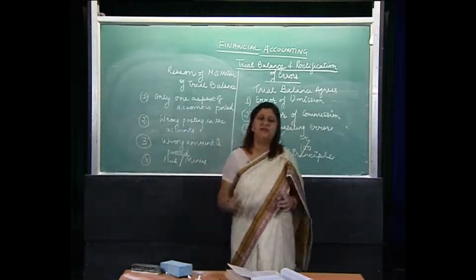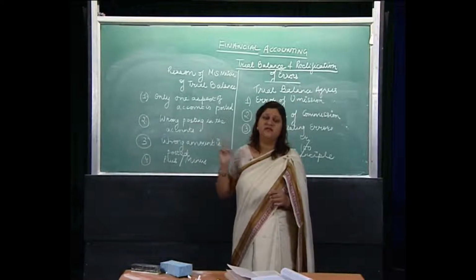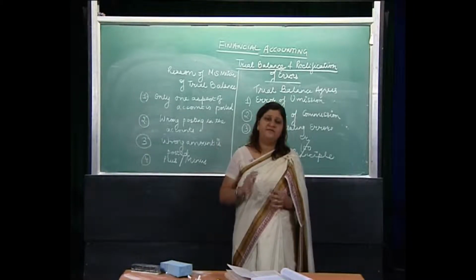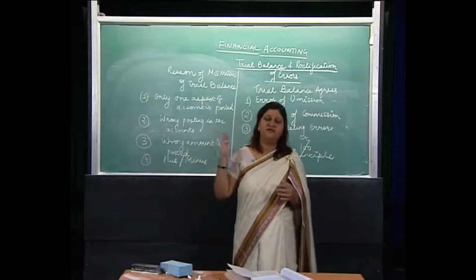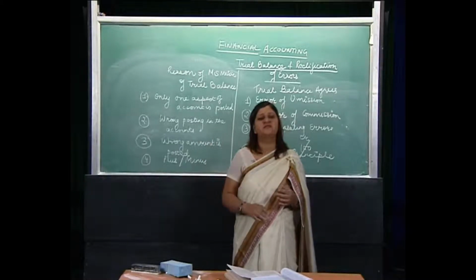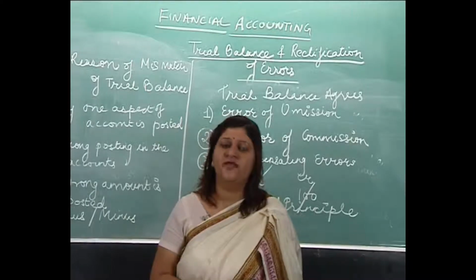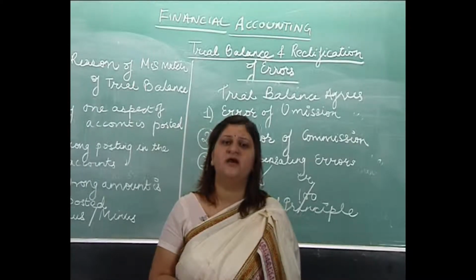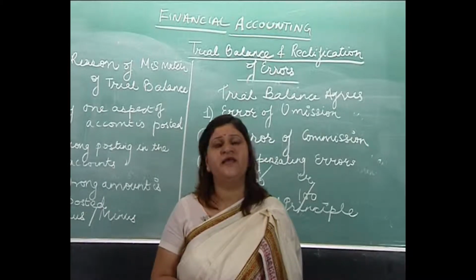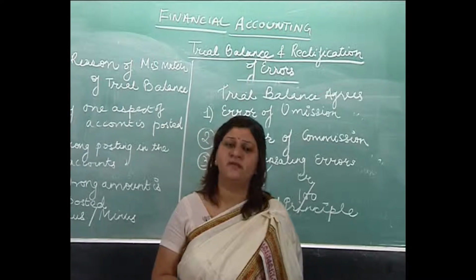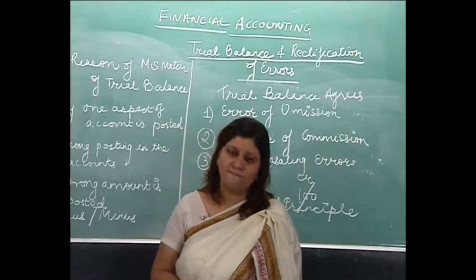And when the trial balance does not match and the errors can be located, they can be rectified with the account called suspense account, and the effect of these postings would be taken up in the suspense account and finally it will be closed. So wherever our trial balance is not matching, an account called suspense account would be opened, and it can have either a debit balance or a credit balance depending upon the posting error which we have made.